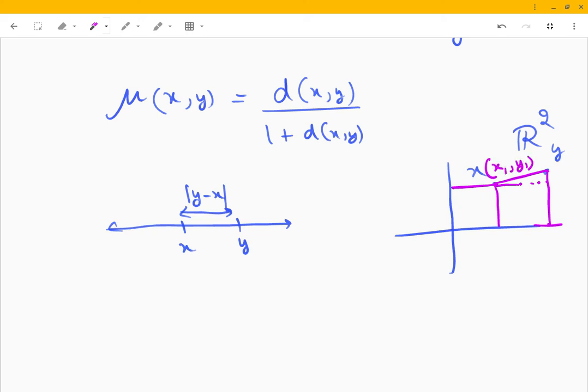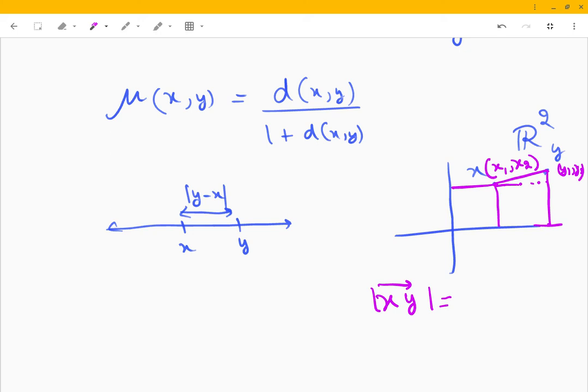In the text, this point was x1, x2, and this point was y1, y2. So the distance d(x,y), technically it would be this.